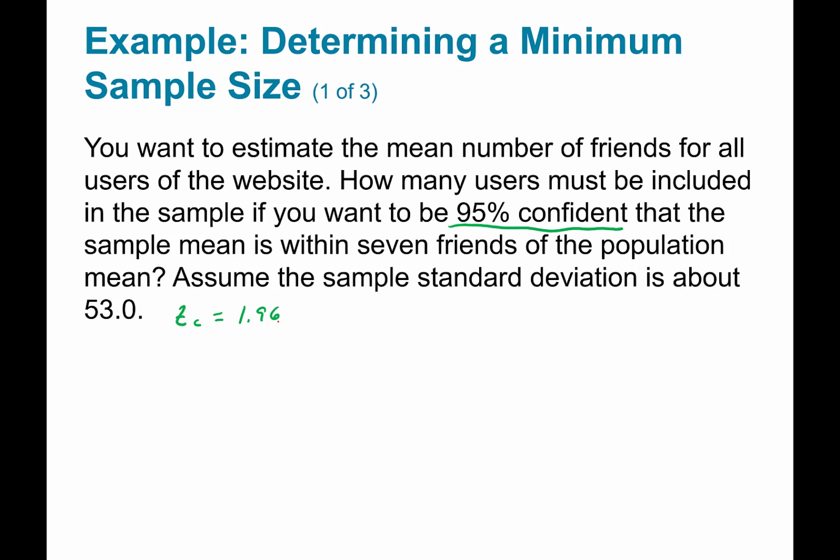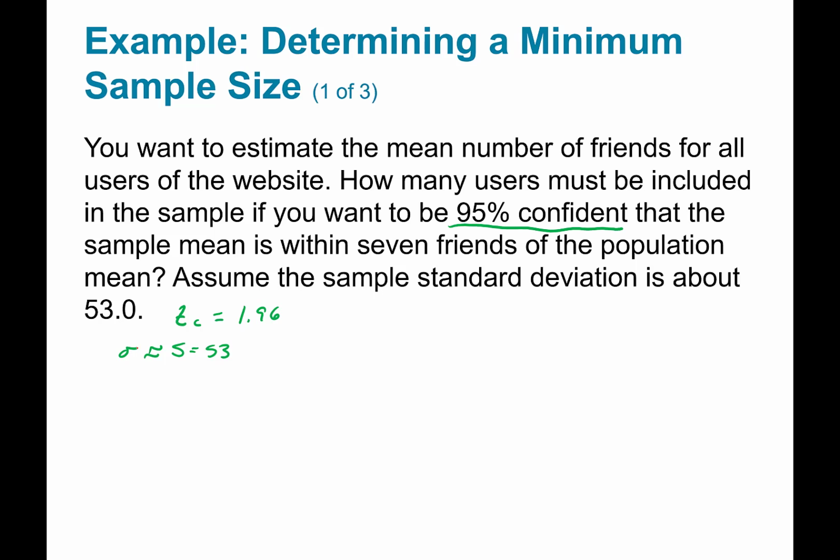And then the other piece: we know in this case we have a sample standard deviation of 53, so S is 53. That's going to be about our sigma. It's going to be close enough that we can use it to estimate anyway.